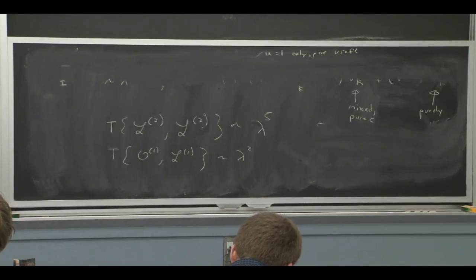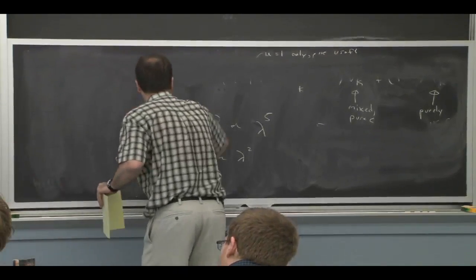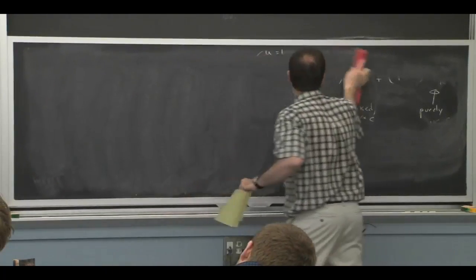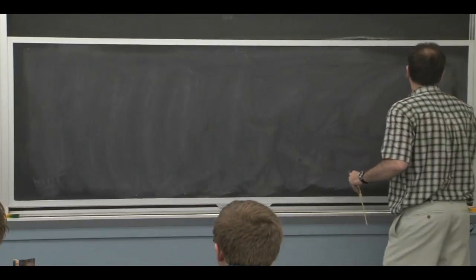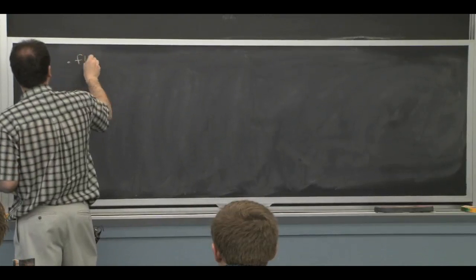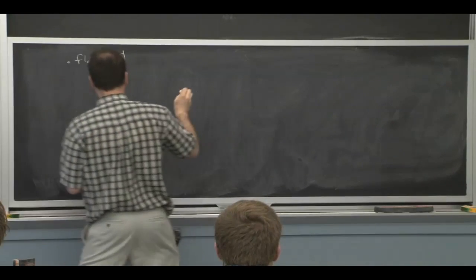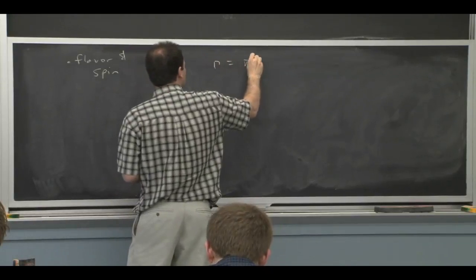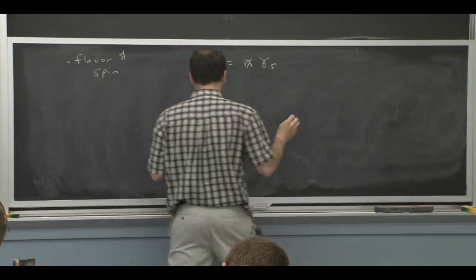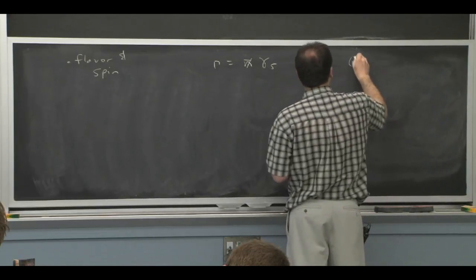That gave the Q. Current conservation, that's partly responsible for the epsilon. Should also look at parity. Go through flavor and spin, and you find that this has this structure, and there's some constant that I threw in here.